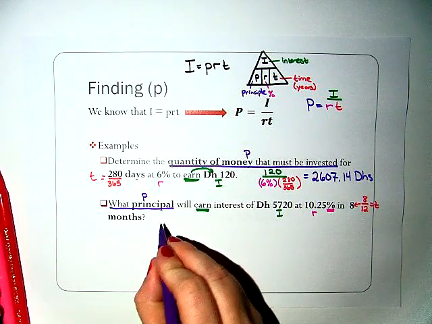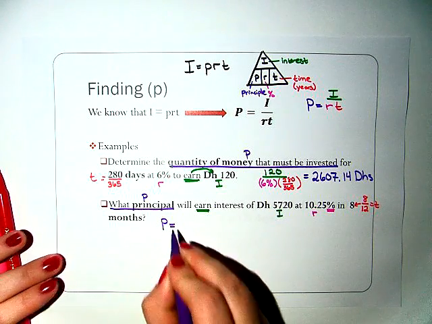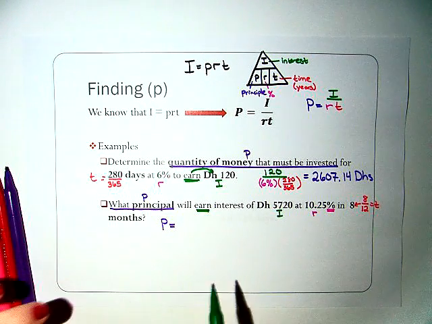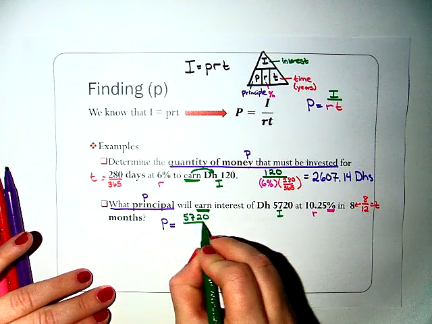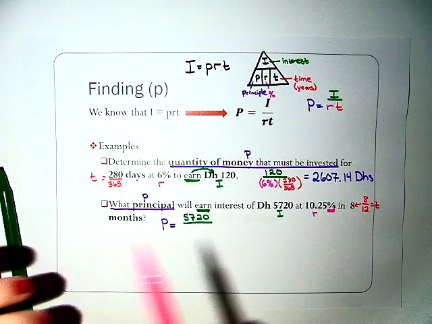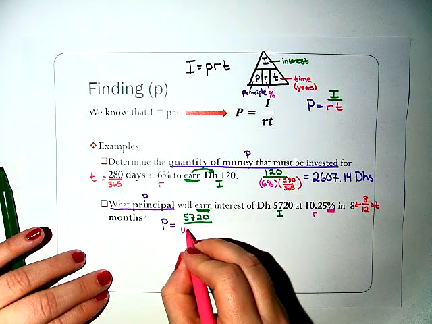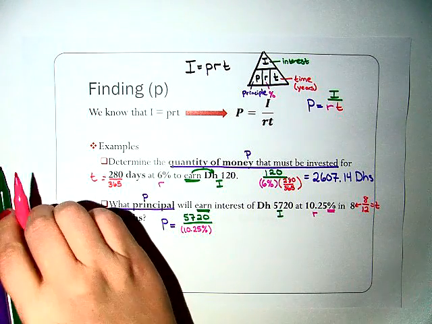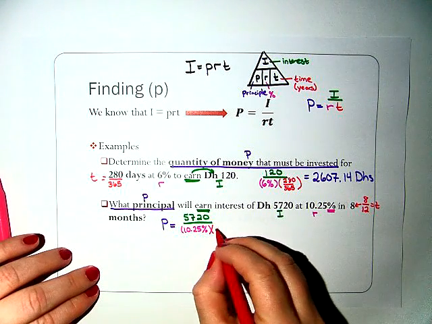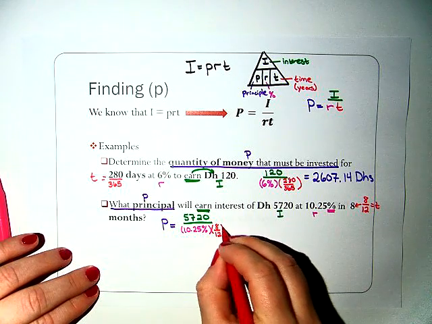We know P equals the interest, 5,720, divided by 10.25% times 8 over 12.